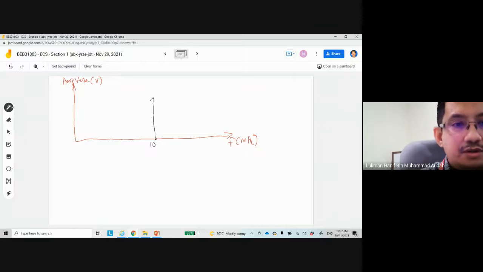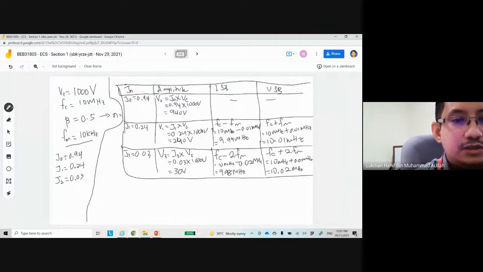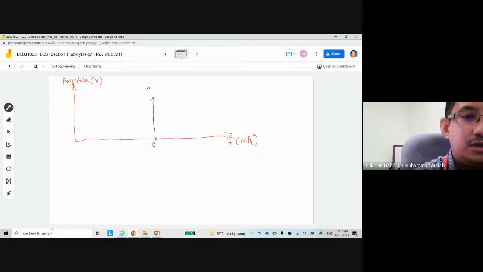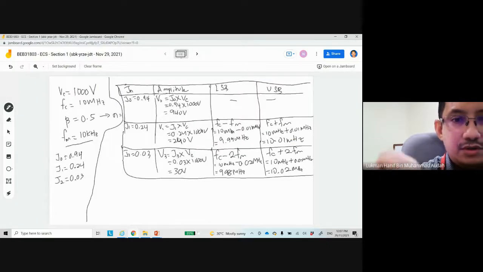Okay, and then 10 mega, the amplitude is 940, and then we have sidebands located at 9.99 and 10.01. Okay, so kita ada lagi satu yang ini 940 volt. Okay, and we have this one is 240.